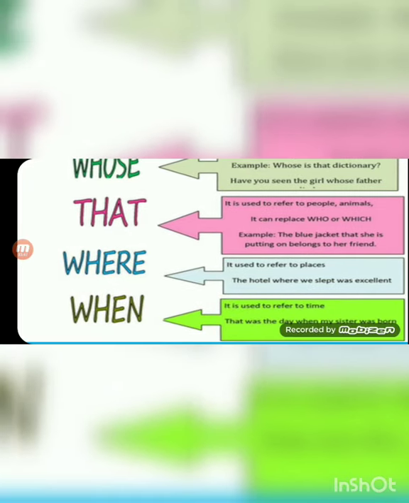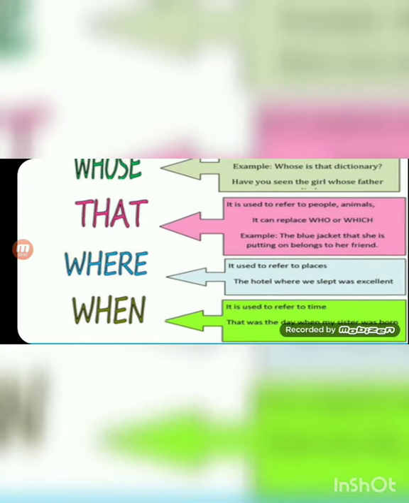Now, where is used to refer to places. Generally, the hotel where we slept was excellent. Yes, this relative pronoun where is used for the place.